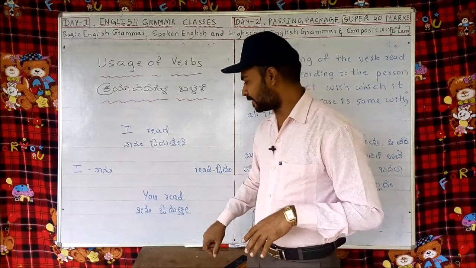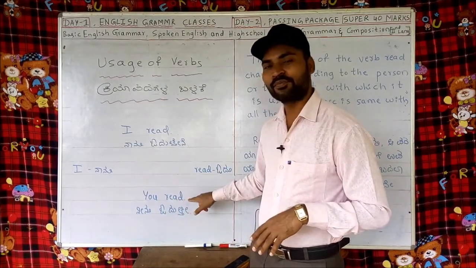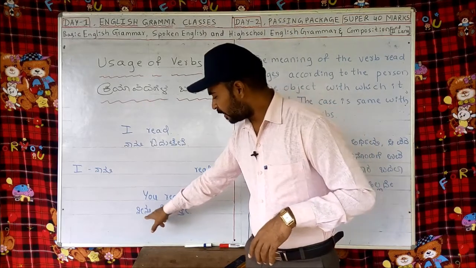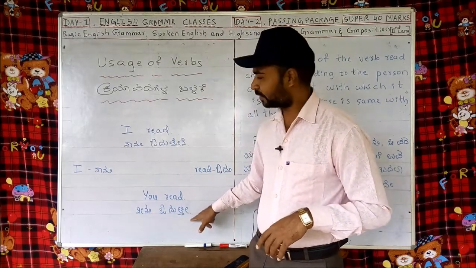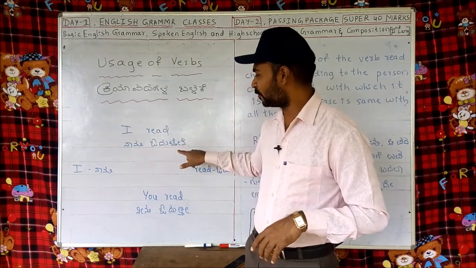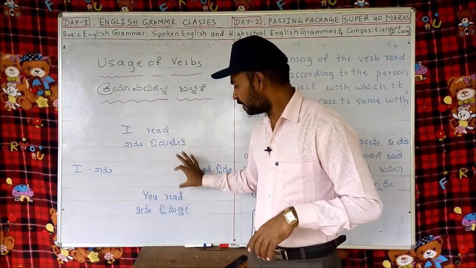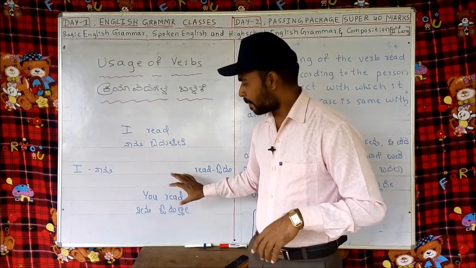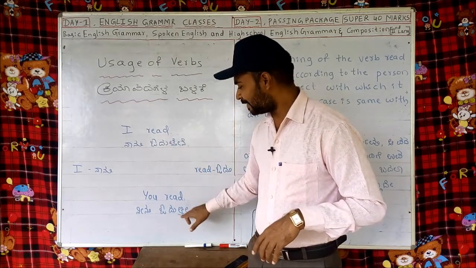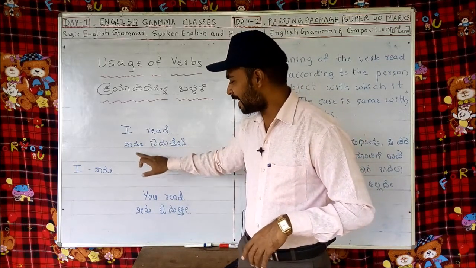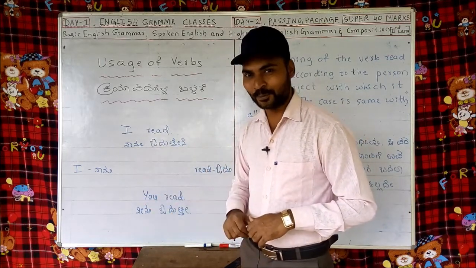Look at this sentence. You read. When we say you read, here it becomes Neenu odutti. Here Nanu oduttene, here Neenu odutti. Read is the same in both sentences, but the meaning of this read has changed according to the pronoun. Here the pronoun is I, here the pronoun is you.